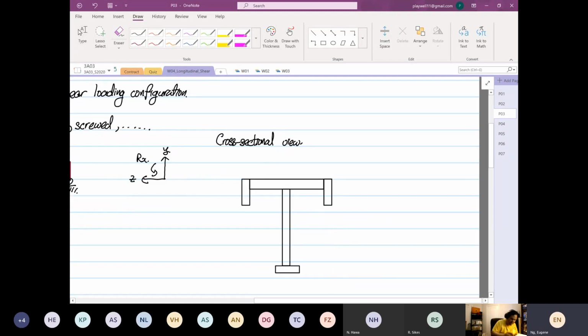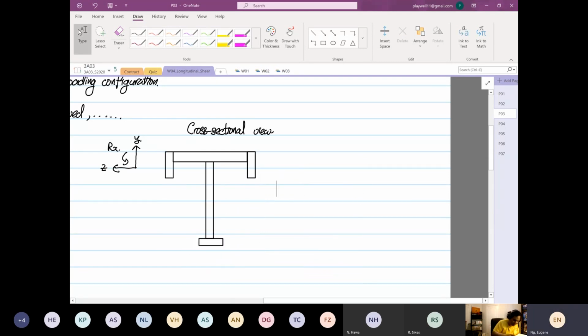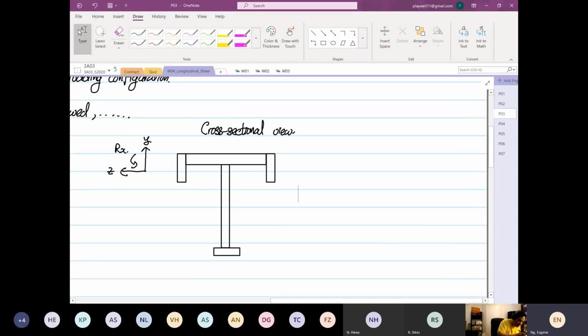So on this cross section view, I'm going to nail the side. And on the intersection between the flange and the web over here, I'm going to glue.